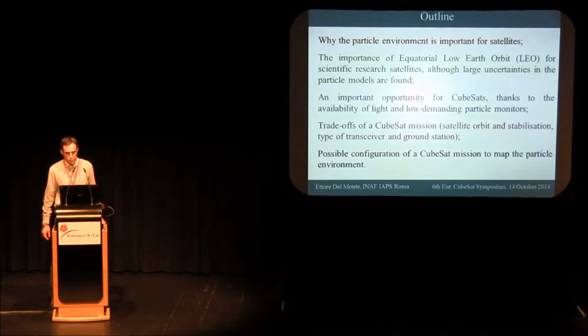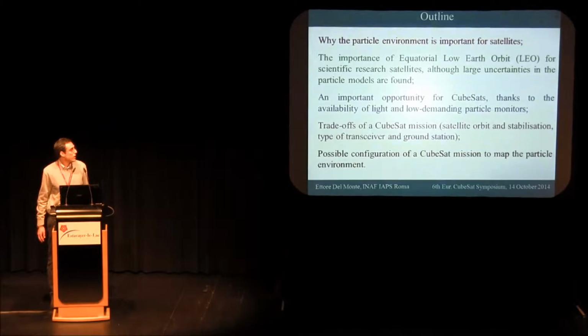I have not time, of course, to go into details, but I will briefly give some hints on why there are some large uncertainties in the particle models of this particular orbit. And this is an important opportunity for CubeSats, since there are light and low demanding particle monitors available now.